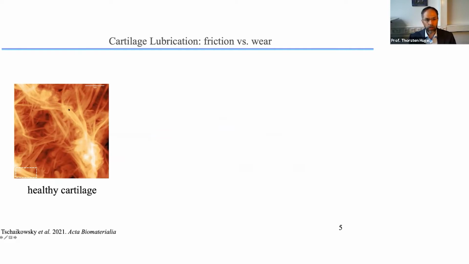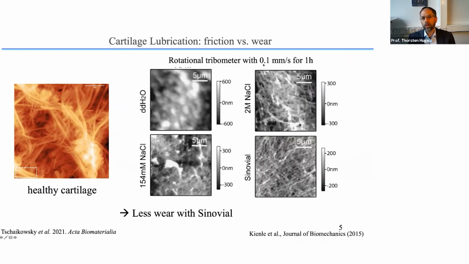What we did is we used cartilage samples from sheep, it was at this time, 2015, and used a tribometer and a bead, and really went for 1 hour on a cartilage sample under these 4 different solvents.